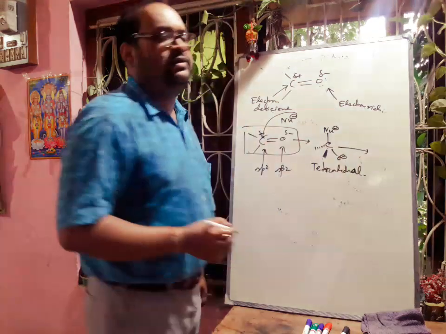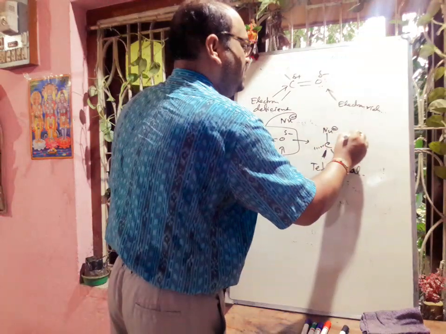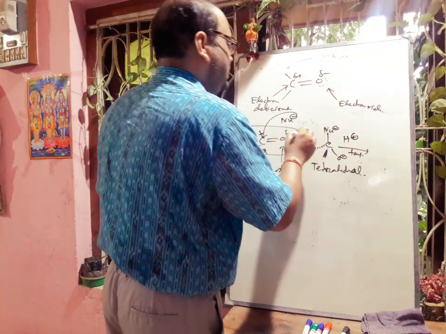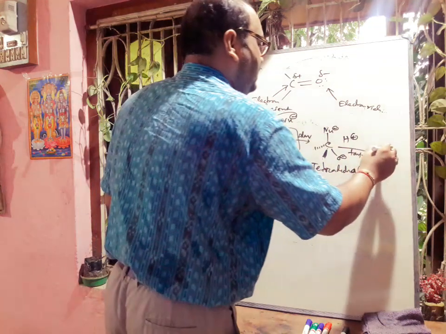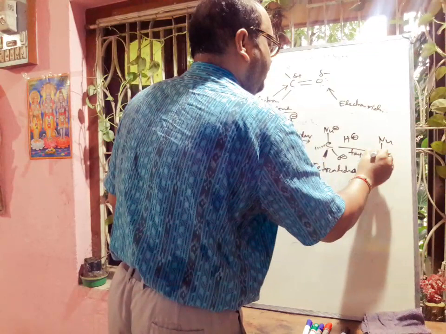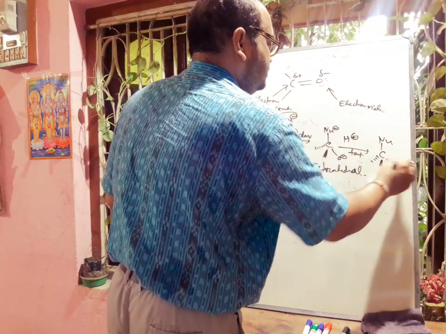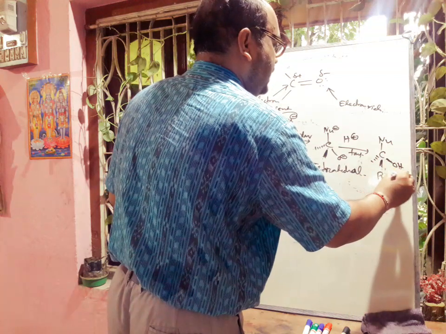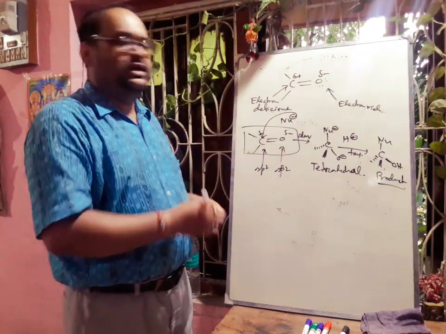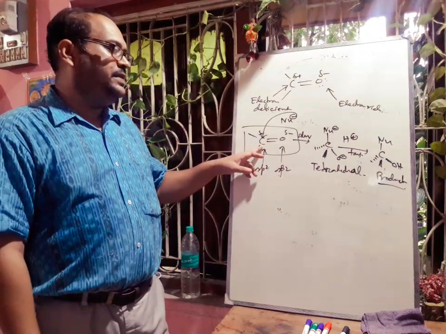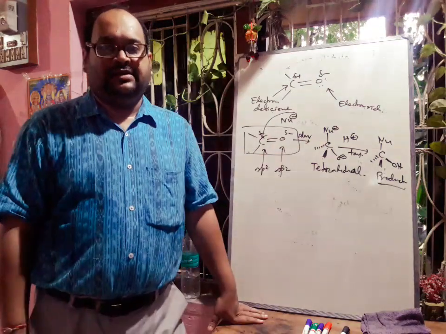Finally, in the second step there will be addition of H plus, and this second step is the fast step, while the earlier step is the slow step. So finally from here you will get the nucleophile and OH. This is your desired nucleophilic addition product. One thing is very important: this carbon atom, which is sp2 hybridized, is converting into sp3 hybridized tetrahedral.